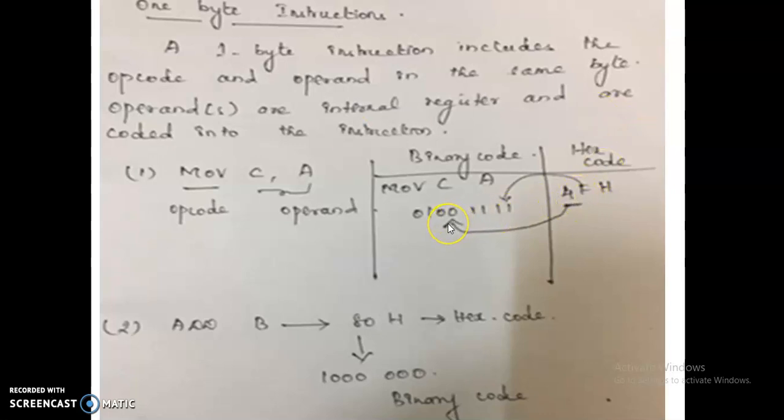This 4F was converted into binary code: 4 is converted into its binary and F was converted into 1111. For add B, the hexadecimal equivalent is 80H. The 80 was converted into the binary code 1000 and 0000.